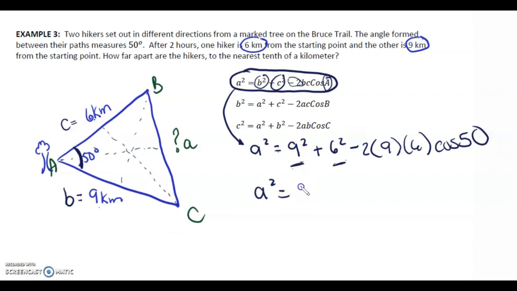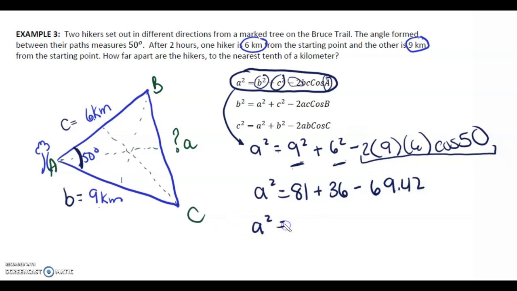Okay, 9 squared is going to give us 81, plus 6 squared, which is going to give us 36, minus 2 times 9 times 6 times cos 50. So this entire term is going in my calculator, and I get negative 69. We can put 0.42, that's fine. Okay, so now I want to simplify these three.